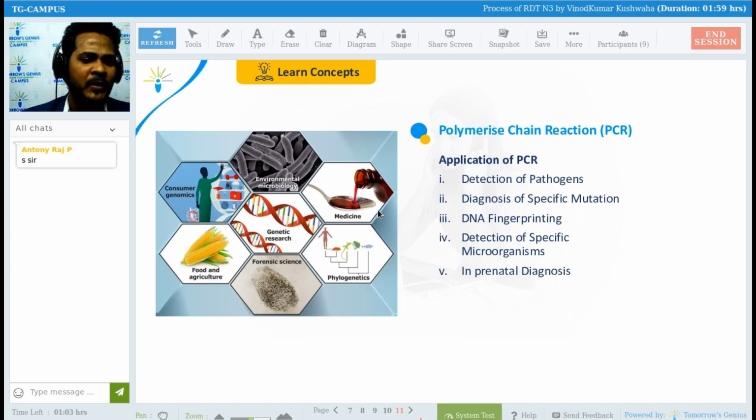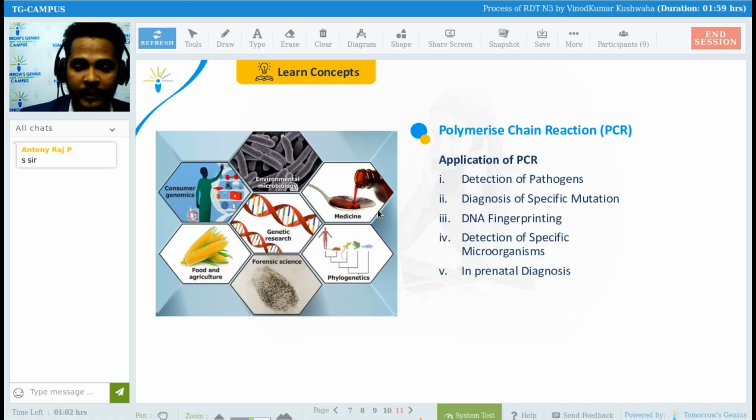DNA fingerprinting is not very common. DNA fingerprinting is generally performed in forensic cases. Yes, see, Sarjana said COVID test. Yes, everyone went through this PCR technique, right? So this one is the most common one, PCR to detect pathogens, that means whether you are suffering from COVID-19, yes or no. To detect that, we need to perform a PCR.